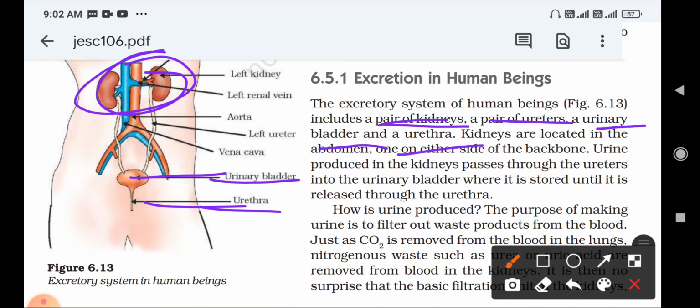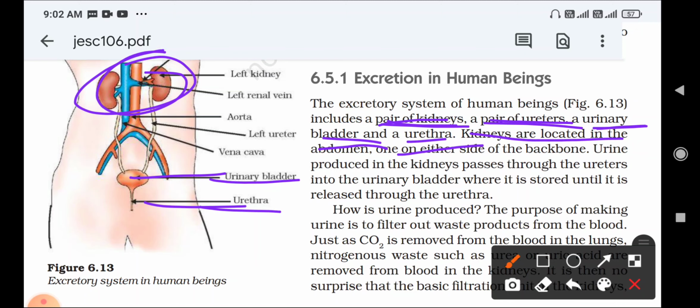These are the four parts of the human excretory system.